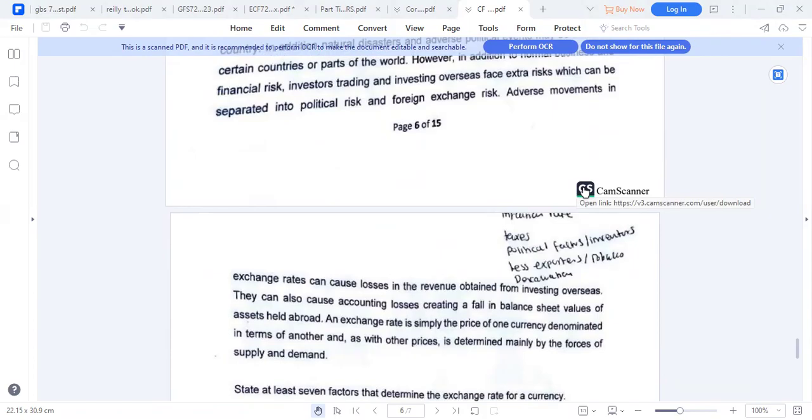They can also cause accounting losses, creating a fall in the balance sheet values of assets held abroad. An exchange rate is simply the price of one currency denominated in terms of another, and as with other prices, is determined mainly by forces of supply and demand.